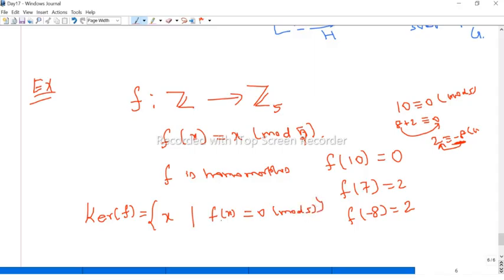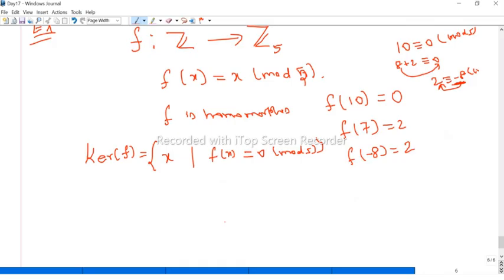So f of x is just x, and we are collecting the integers satisfying x congruent to 0 modulo 5. That means if we take modulo 5, it should be 0. Therefore, x should be a multiple of 5, so we can write 5 times z. So the kernel is all multiples of 5.